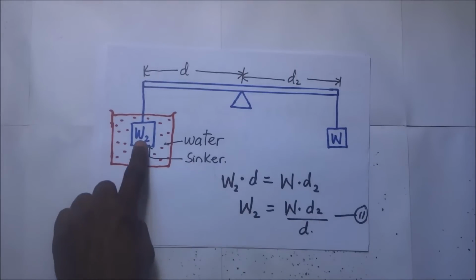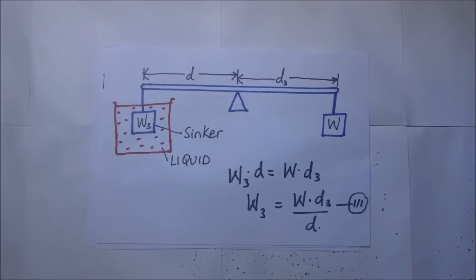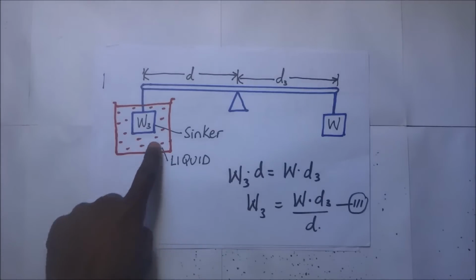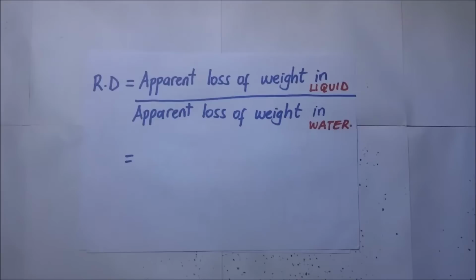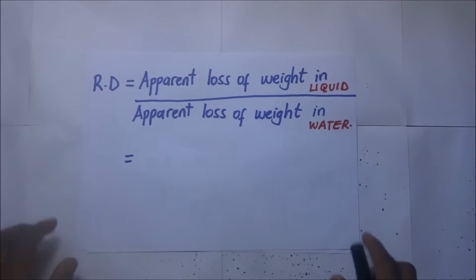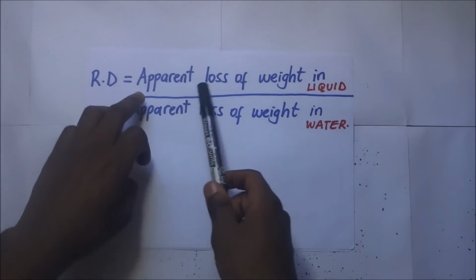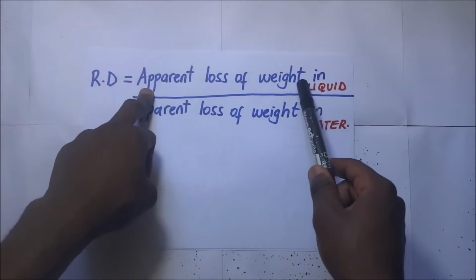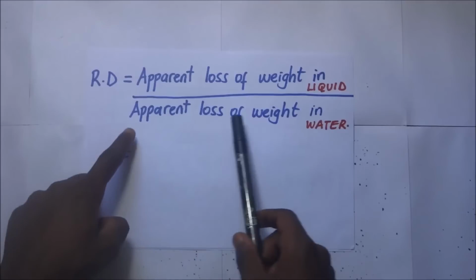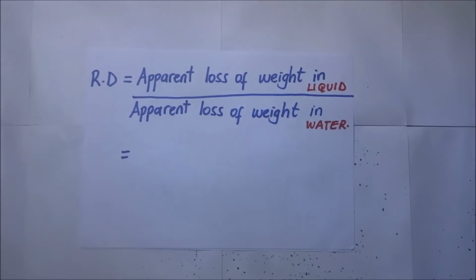And again, we got the weight of that sinker when it was in a liquid, whose relative density we are looking for. So from our theory, we know that the relative density of a liquid is the apparent loss of weight of the sinker in the liquid, divided by the apparent loss of weight of that sinker in water.